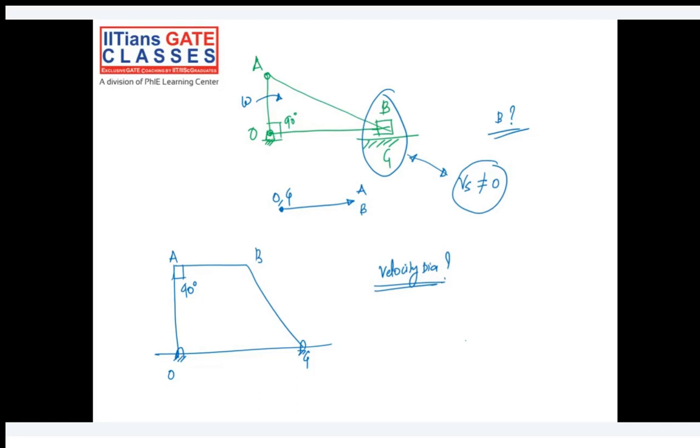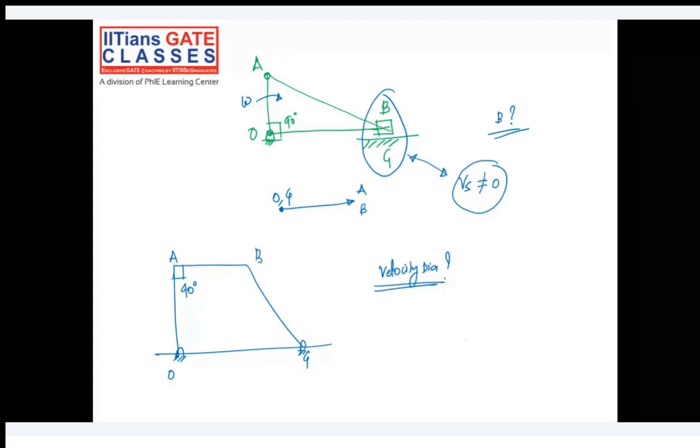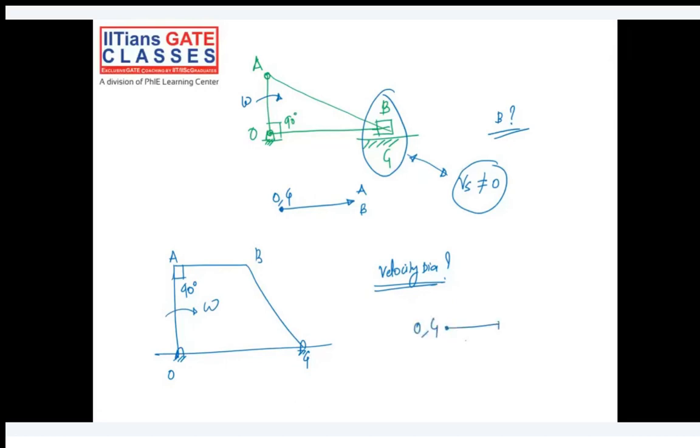Think on this. Yeah, it's a right angle triangle, correct. So whenever we have a 4-bar chain, let's take any direction here. Let's say omega. This is your point O, G, link OA will be here.